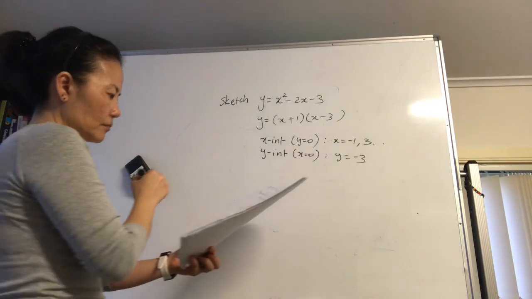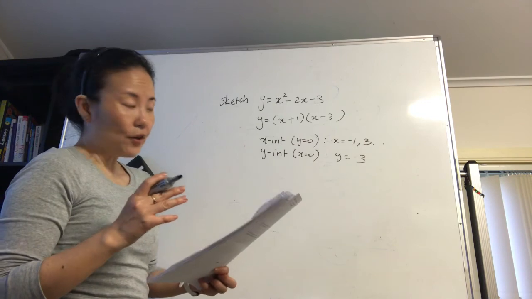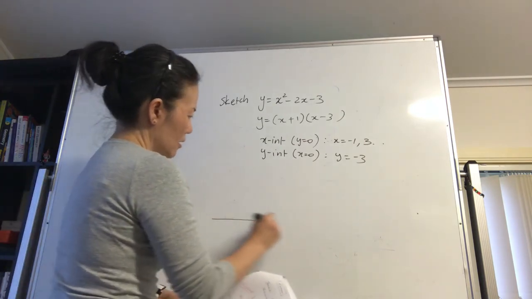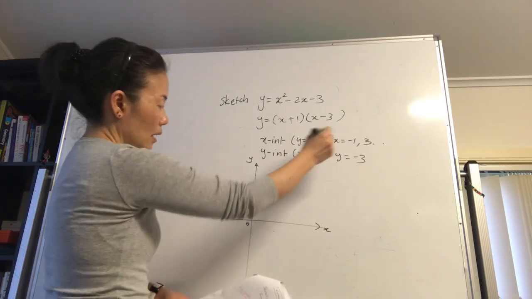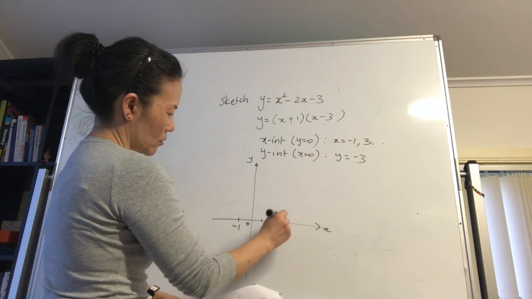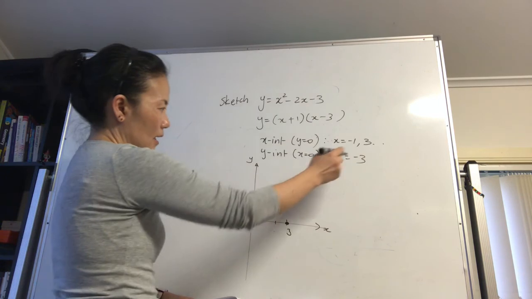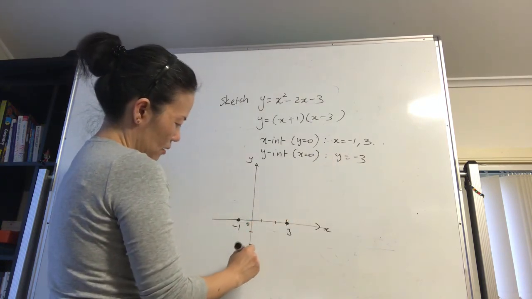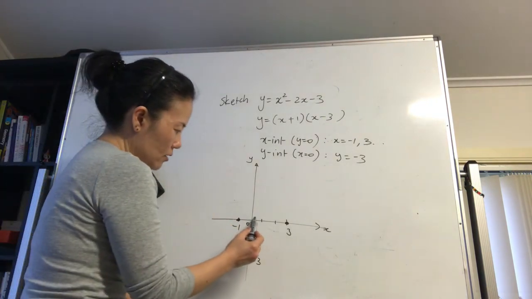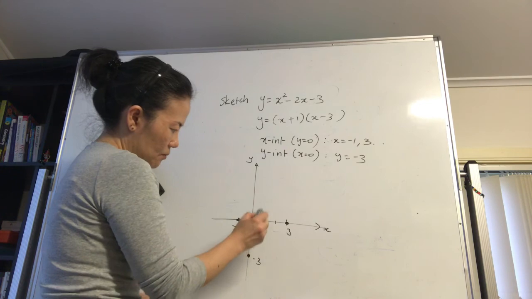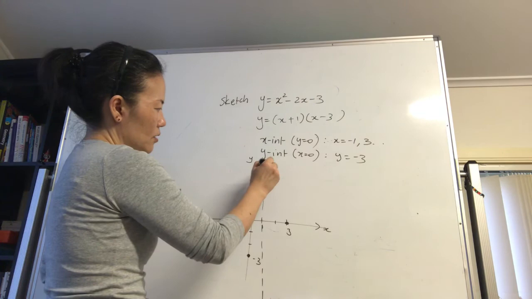It says showing the axis of symmetry and vertex. Alright, so let's have a look at this. On the axes, x is minus 1, 1, 2, 3. So it goes through here. And then minus 3. Now my vertex, guys: 1 is my axis of symmetry to start with, which is x equals 1.